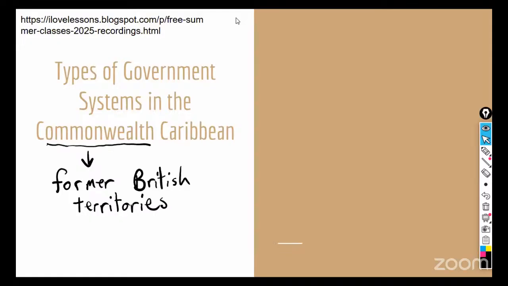So we should have noted the topic, governments in the Caribbean. And now we should note this topic too, types of government systems in the Commonwealth, and the definition as well, if it's something we didn't know before. Let's look at the 3 types. Just in general, assume even if I don't say write it down, that you'll have to write it down.